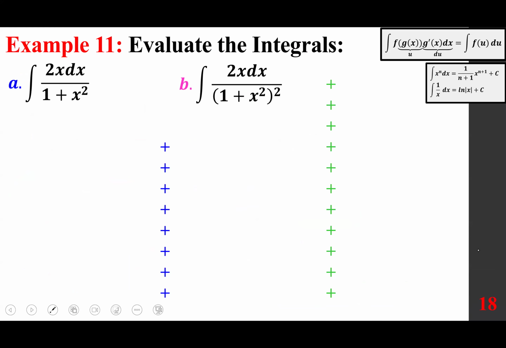When you evaluate the following integrals, notice they are rational functions, and the very first step in any fractional format, even if it's not a rational function, is to put them in lowest terms. This is already in lowest terms, so u would be the denominator. As you know, the derivative is 2x, so du becomes 2x dx.